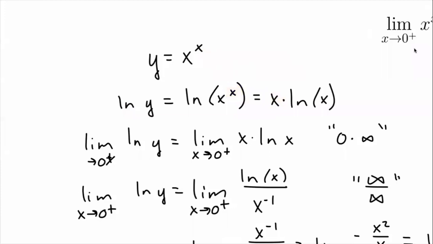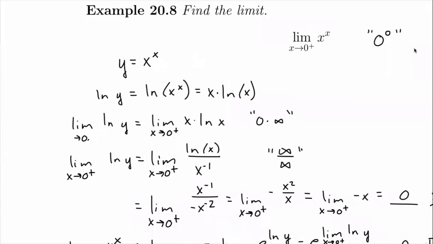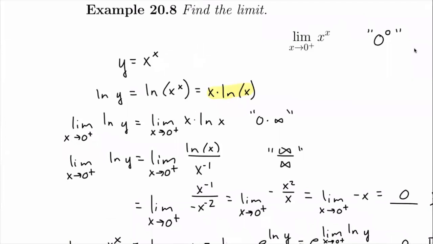Now let's take the limit as x approaches 0 from the right of natural log of y, which is really just this function. So the limit as x approaches 0 of x natural log x.